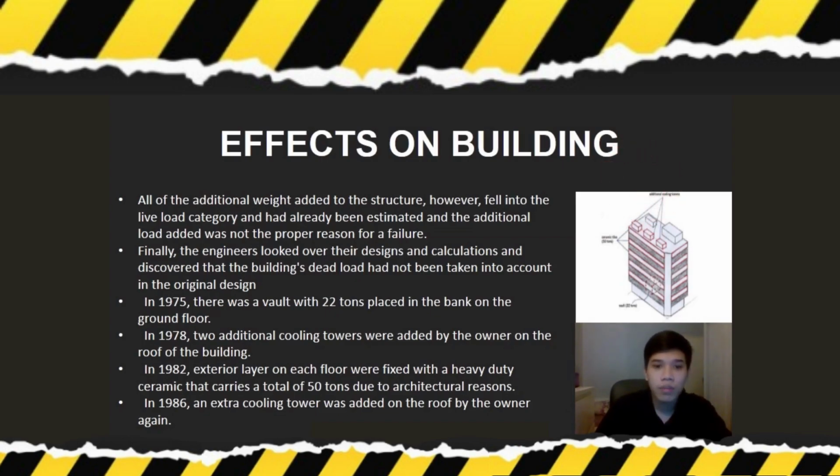And then furthermore, there were cooling towers added on the roof later, and then there was an exterior layer on each floor that was fixed with heavy duty ceramics, which are these red lines on each floor, as you can see. So that added around 50 tons of weight, and therefore this is the root cause of the tragedy which led to the building collapse.